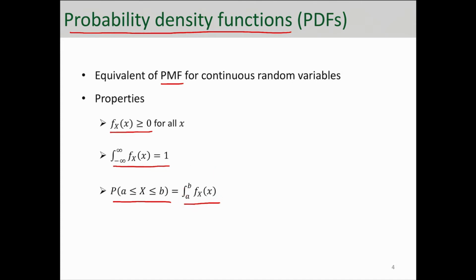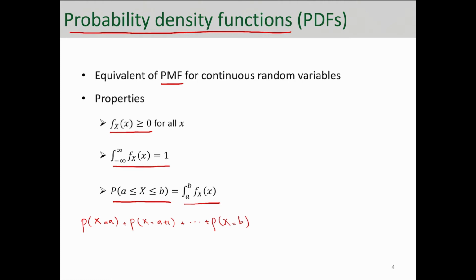You have to integrate. In discrete random variables, if you were to calculate this probability, you would have to add up the probabilities of possible numbers between these two values. It would be countable. You could calculate the probability of x equals a, plus the probability of x equals a plus 1, and you add them up until you get to the probability of x equals b.